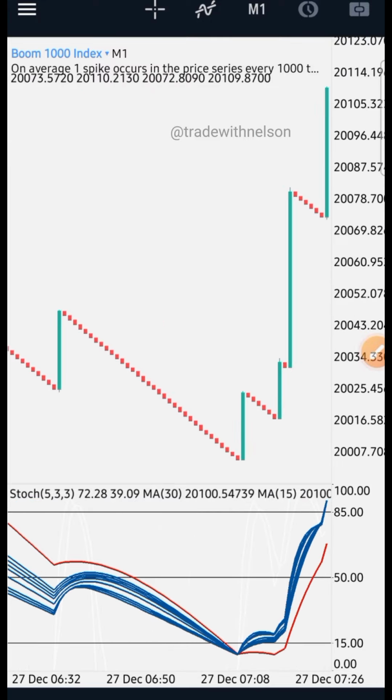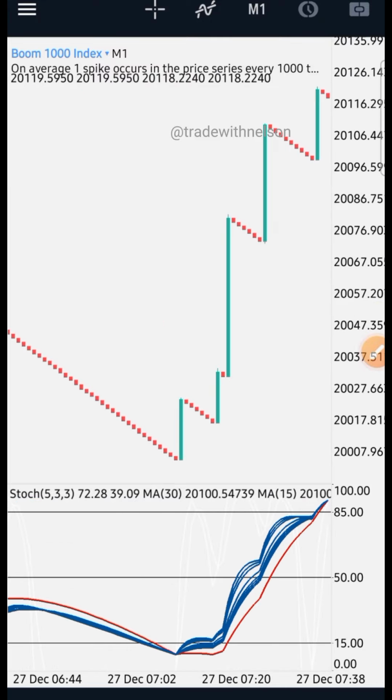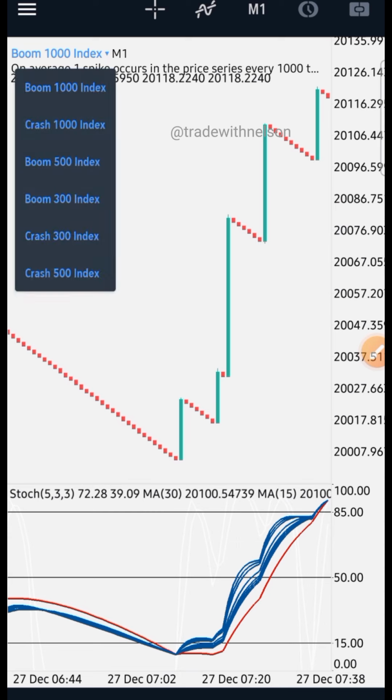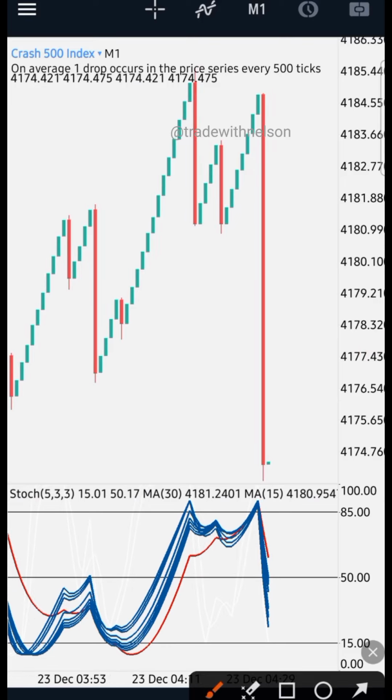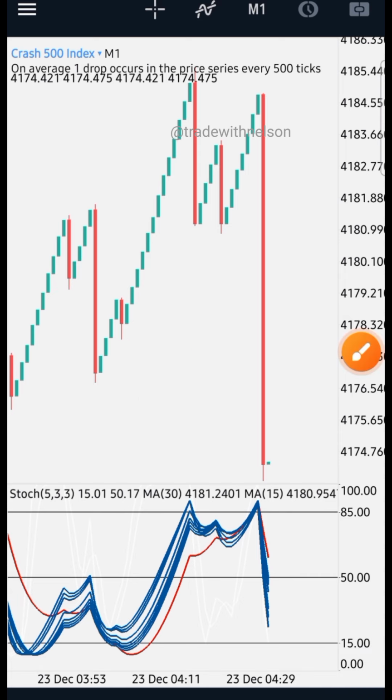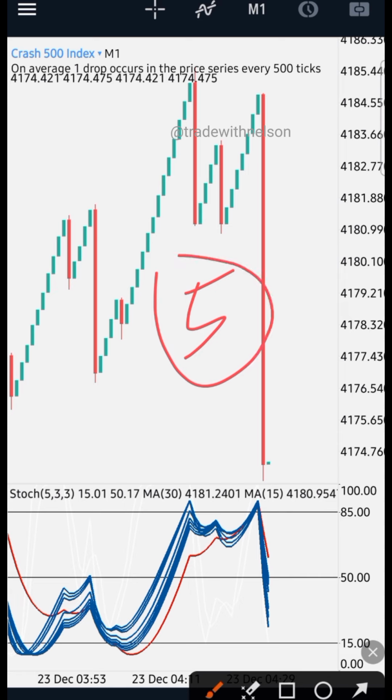Now let me go to the crash 500 and also show you some examples before we go to the boom 300 and show you how you can trade it over there. So crash 500. In the crash market, as we all know, we are selling to the upside, so our focus here is to count just 5 candles. We are not counting 10 candles over here, we are counting just 5. In the 1000, market can give you opportunity to catch 5 to 10.